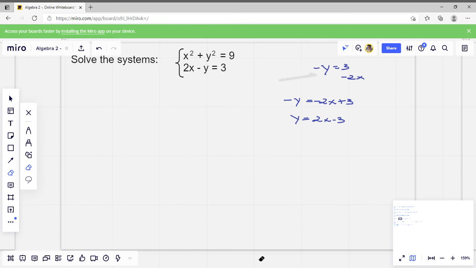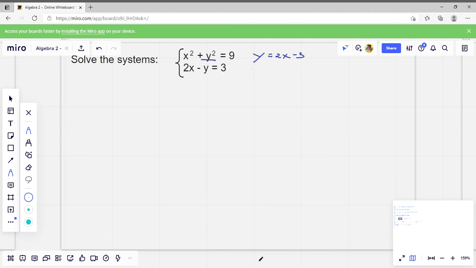Alright, so I'm going to write my new equation up here at the top, so we don't forget it. y equals 2x minus 3. Now I have a value for y, but I can't use it right here because I don't have y in this other equation.